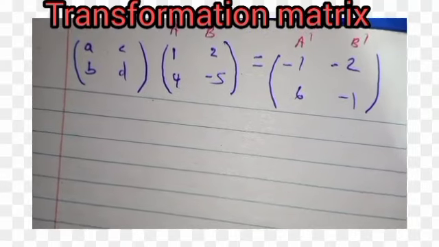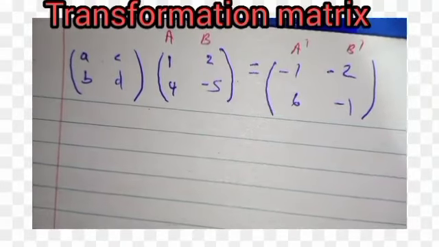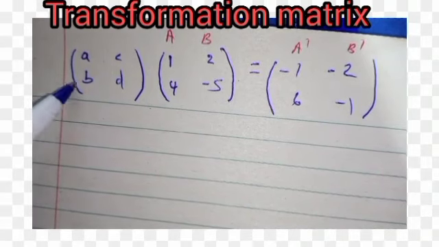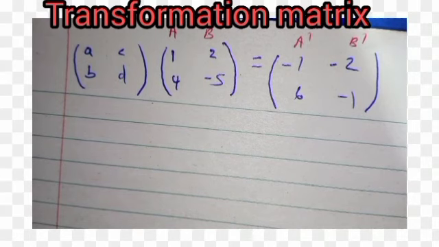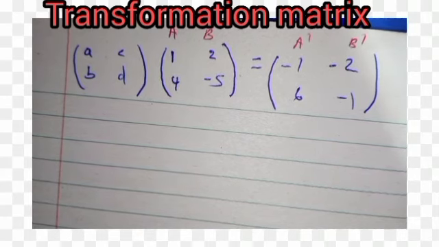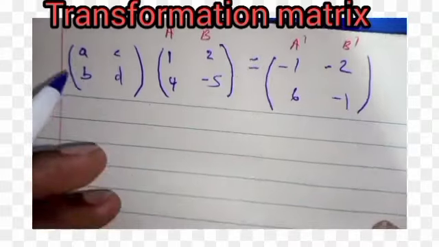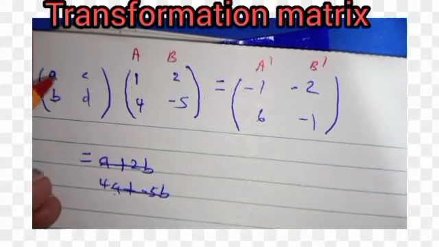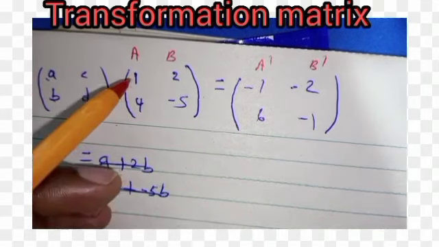Here, you are going to recall that two matrices are equal only if the corresponding entries in the same position are the same. So, on the left hand side, first of all, we are going to multiply the row times the column.